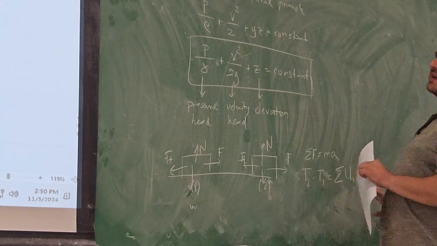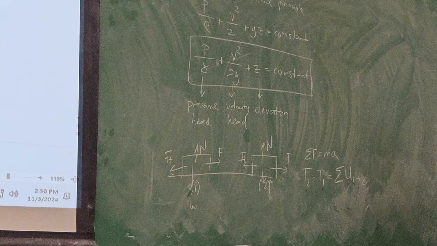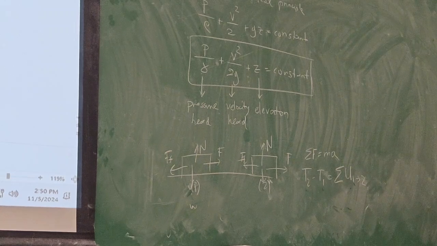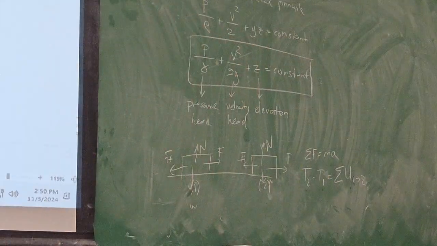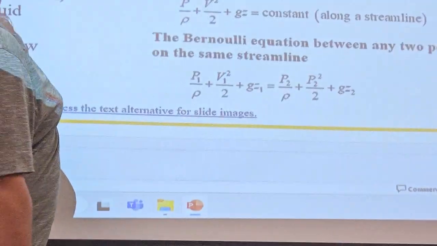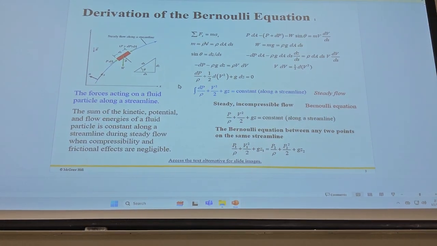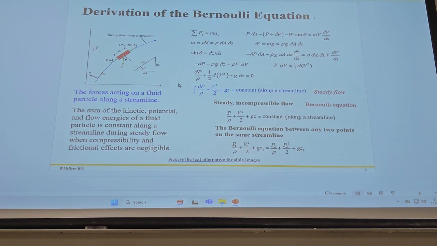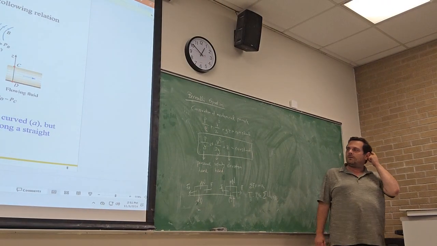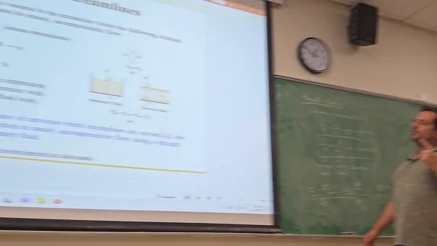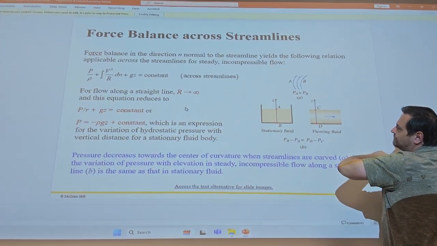The same idea, and actually the Bernoulli equation was derived from Newton's law as we saw last time, but Newton's law was applied along the streamline. The same idea that we did in dynamics for an object, you're going to apply it now for a water particle. So remember, you need to apply it along a flowing fluid, okay?